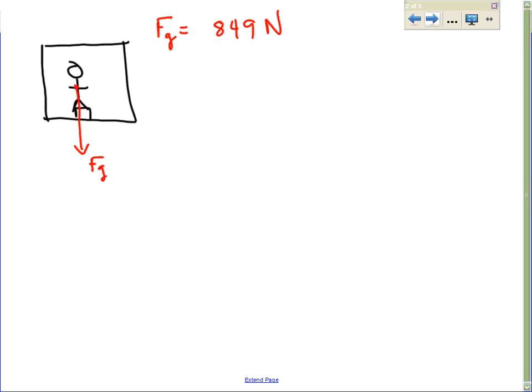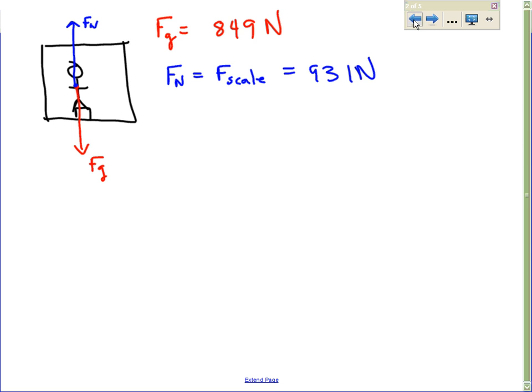And when the elevator's at rest, the weight and the normal force are equal. The normal force is really the reading on the scale. So I'm going to write Fn and then write F scale. In our problem, the reading is 931 newtons.